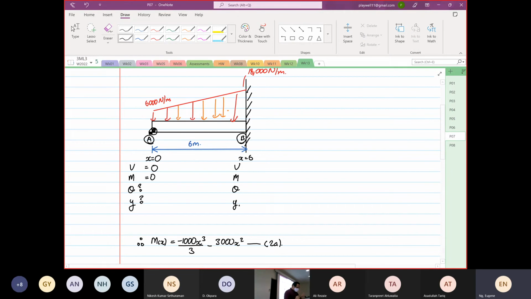Let me write out the boundary condition first, then I explain what is going on. Over here, we know that theta is equal to 0, Y is also equal to 0. Why is that?